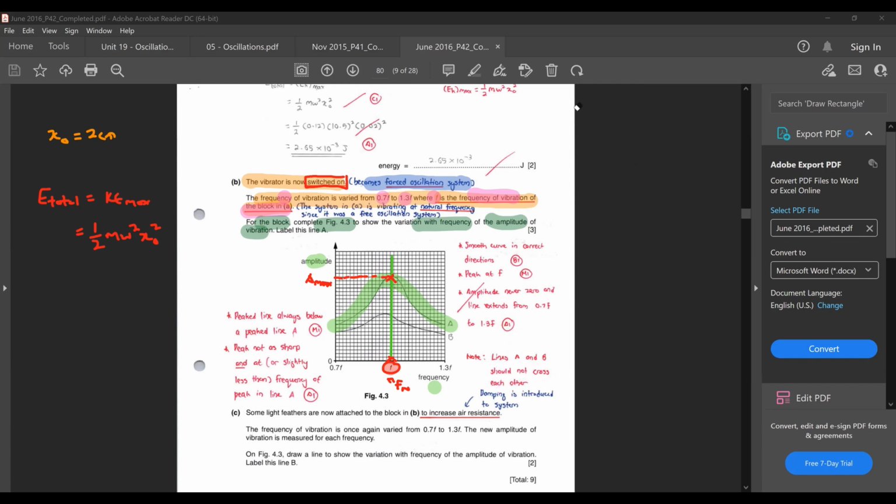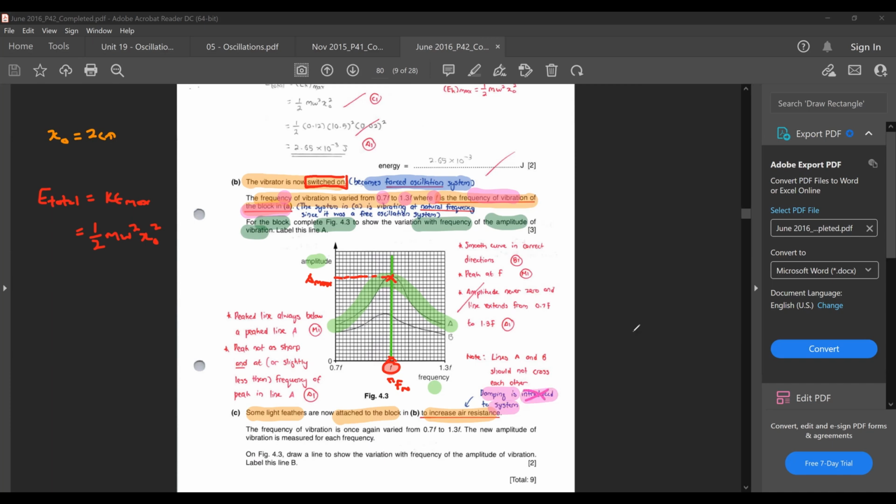Then if you look at part C, it is saying that some light feathers are now attached to the block in B to increase air resistance. Now when you attach feathers to increase air resistance, this is actually saying that damping is increased.